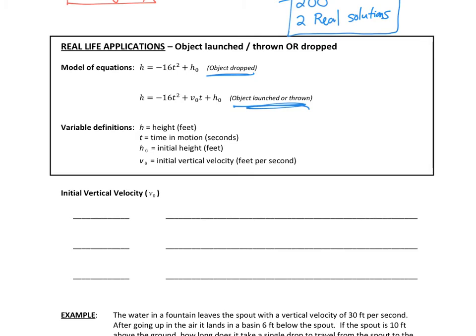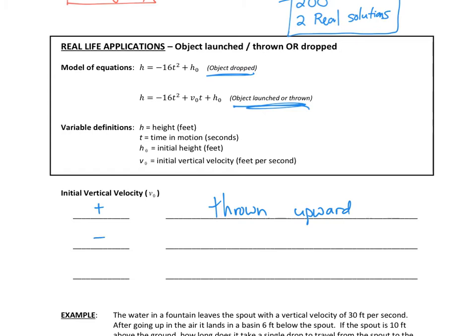So they tell us h is the height in feet, t is the time in motion, h0 means initial height, and v0 is the initial vertical velocity. If the initial vertical velocity is positive, that means it is thrown upward, like a ball being thrown across the room up in the air to a friend.